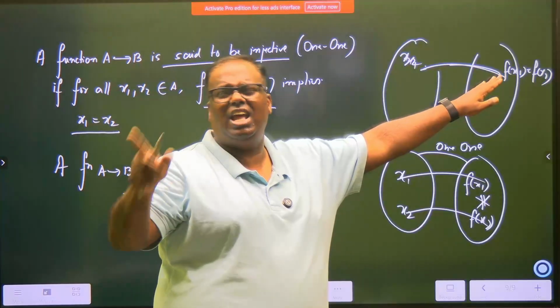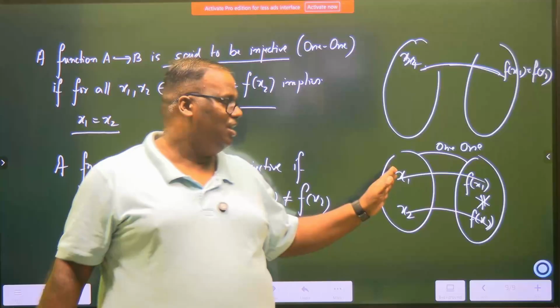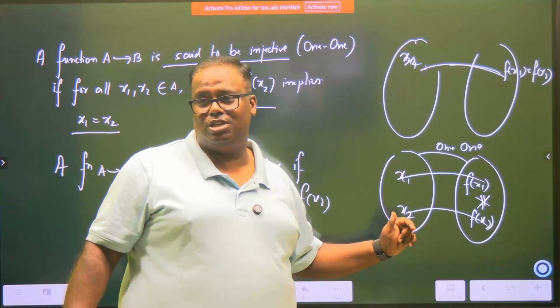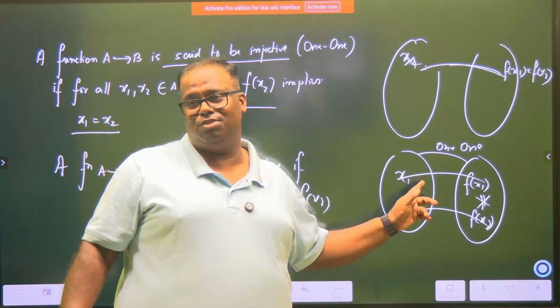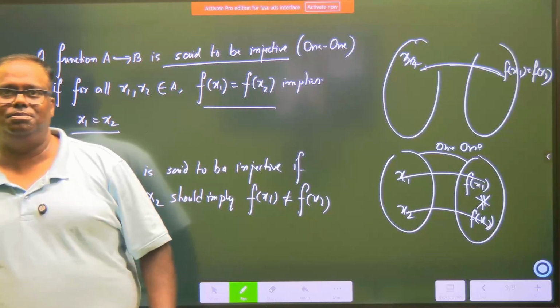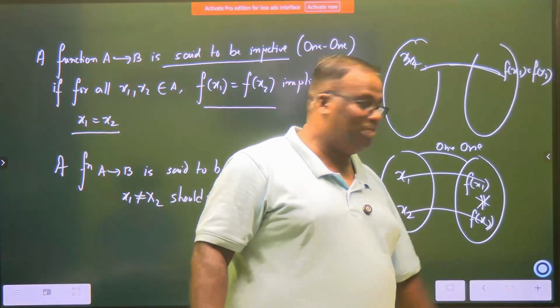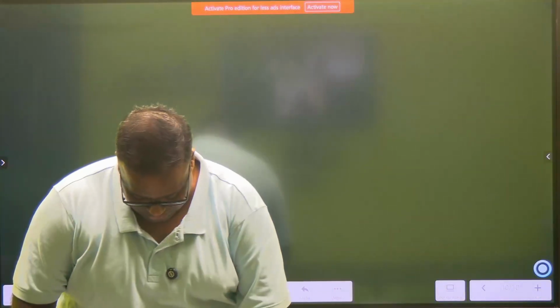Such thing can be possible if the inputs were same. In the second, I'm taking two different inputs, yet I want it to be an injective function, then the outputs must be different. Clear? एक दिन में हो सकता है, but in one day you will not understand. Okay.